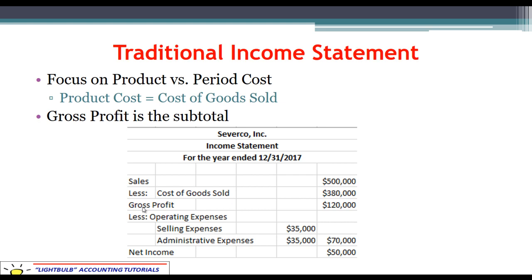Anytime you see gross profit, you know that we're dealing with this traditional income statement, and likewise, you'll see cost of goods sold. So we have sales minus cost of goods sold equals gross profit. Then we subtract out our operating expenses, which could again be variable or fixed. We subtract them all out, and we end up in this case with a net income of $50,000.